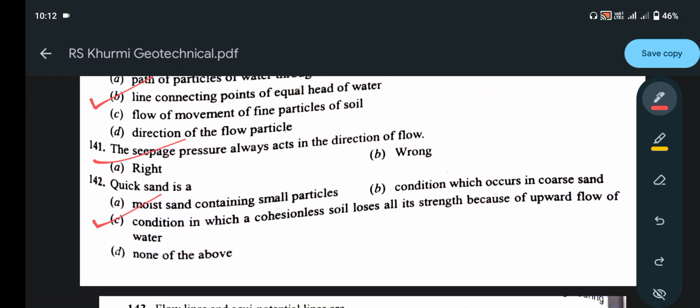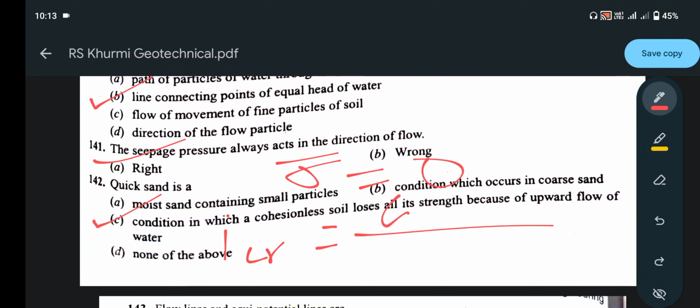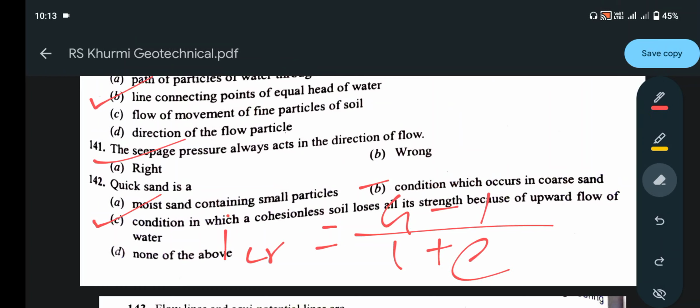It is not a type of sand, it is a condition in which the cohesionless soil, always remember, cohesionless soil loses all its strength because of upward flow of water. Always remember, for quicksand condition the effective pressure is equal to 0 and critical hydraulic gradient is equal to (G minus 1) by (1 plus e) for quicksand condition. Okay, always remember this.